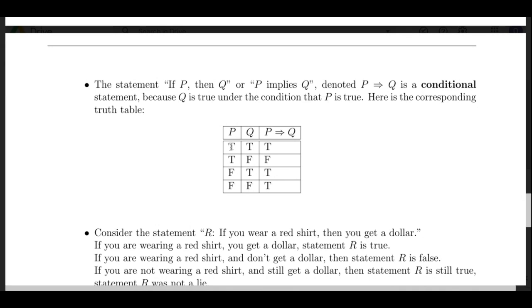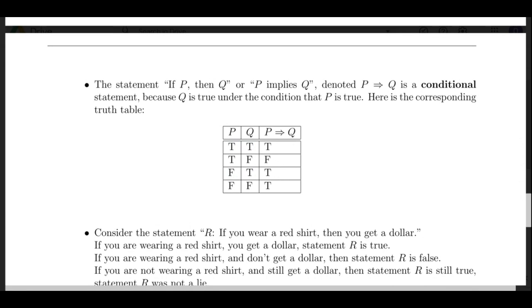If P is false, Q is true, then P implies Q is also true. This feels a little bit weird, but if you think of it, Q is true all alone, right?